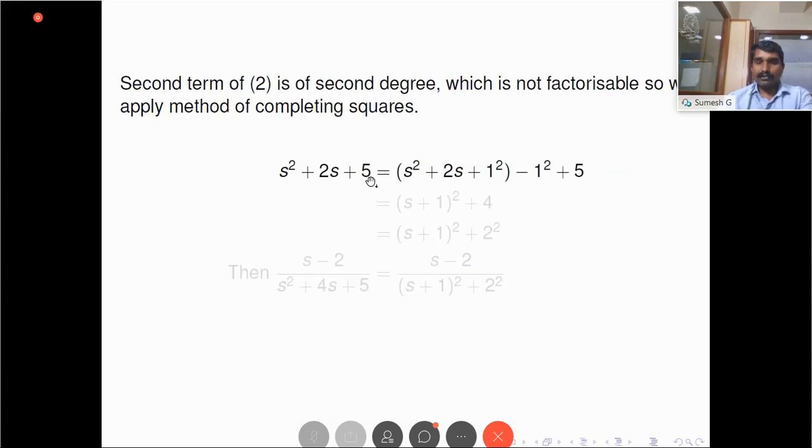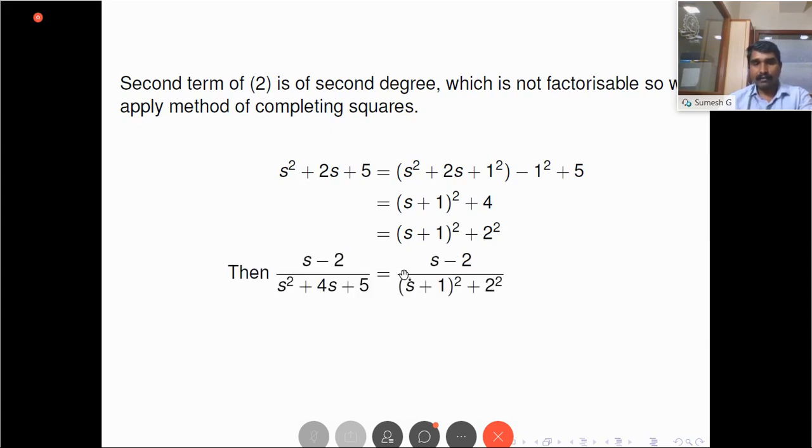By completing squares, we obtain s square plus 2s plus 5 equal to s plus 1 the whole square plus 4, or s plus 1 whole square plus 2 square. Therefore, the second term can be written as s minus 2 divided by s plus 1 whole square plus 2 square.